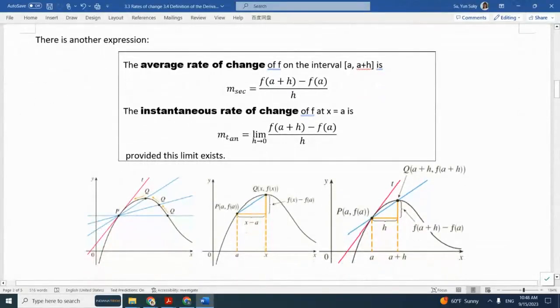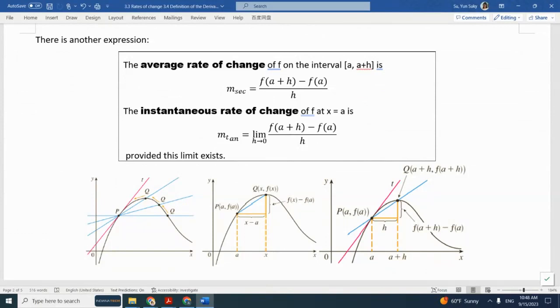There is another expression. They mean the same thing. It's just that we call the second point something else. This is our picture. We call the first point a, then the y value is f of a. We call the second point x, then the y value is f of x. Now, let's call the second point a plus h.